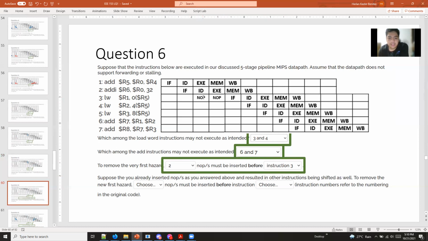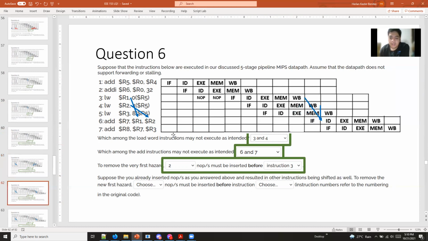Now, kung nalagay mo na yung nop dito, saan yung next hazard natin? Sa instruction number 6. Since nasolve na natin yung hazard kay instruction 3, for sure solve na rin yung hazard kay instruction 4. So yung next hazard na kailangan i-account ay si instruction 6.